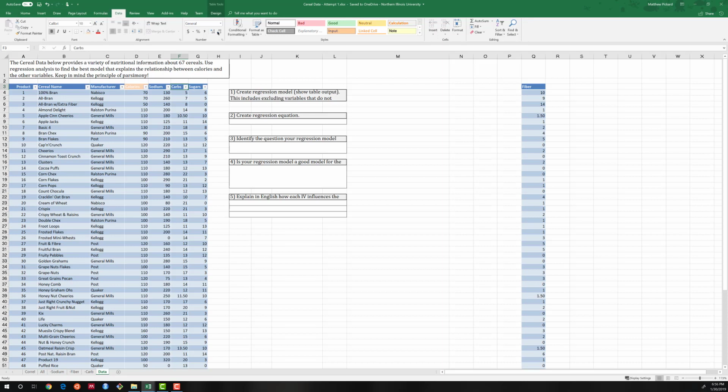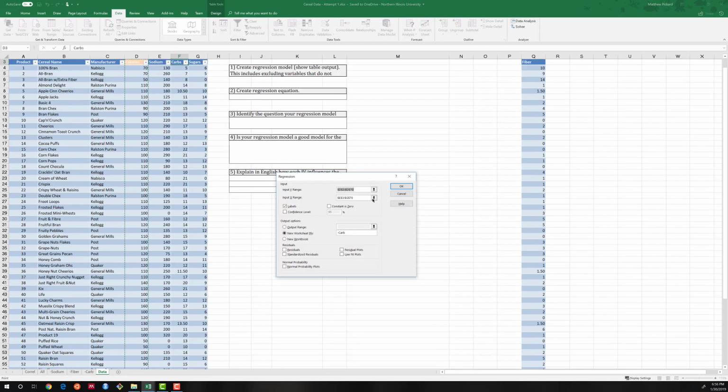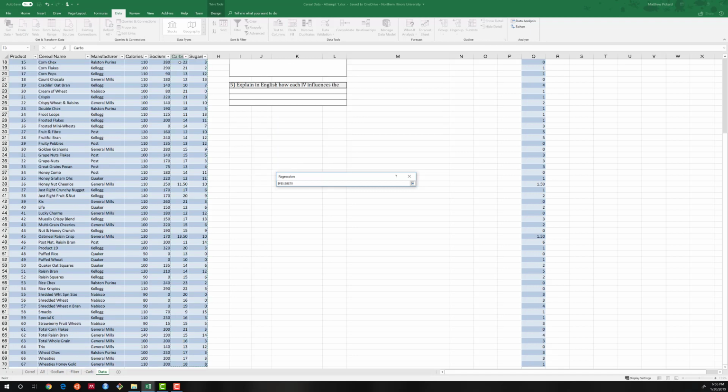So let's go ahead and do that. I'm going to change our x variables to just be carbs and sugars. And then I'm going to say minus carb, actually minus fiber and sodium.